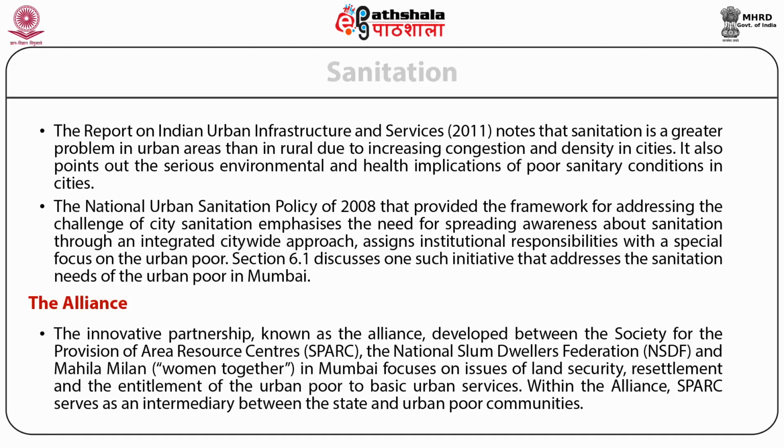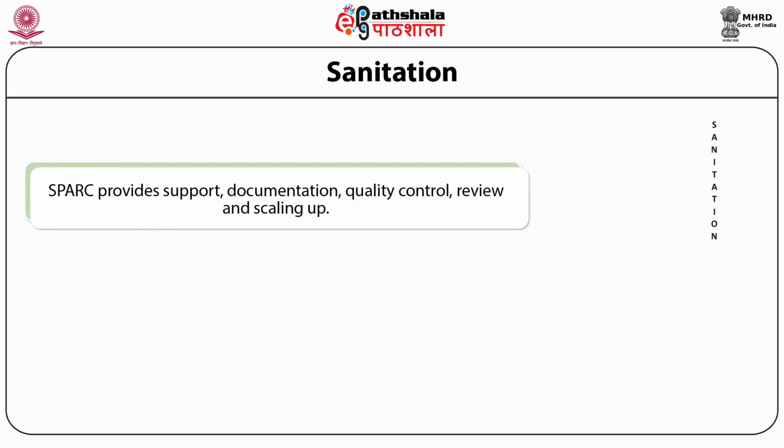Within the Alliance, SPARC serves as an intermediary between the state and urban poor communities. After the strategy is decided, the leaders of the federation then explore the process and train community members. SPARC provides support, documentation, quality control, review, and scaling up.